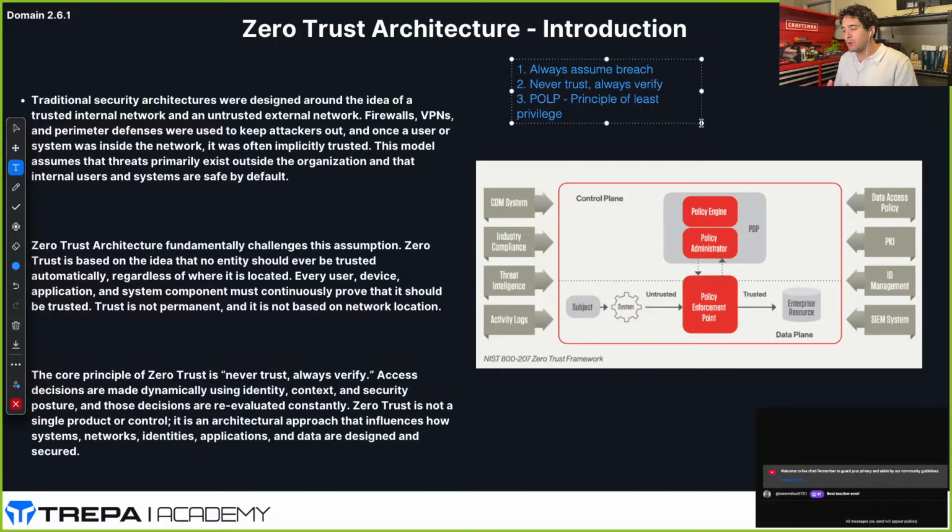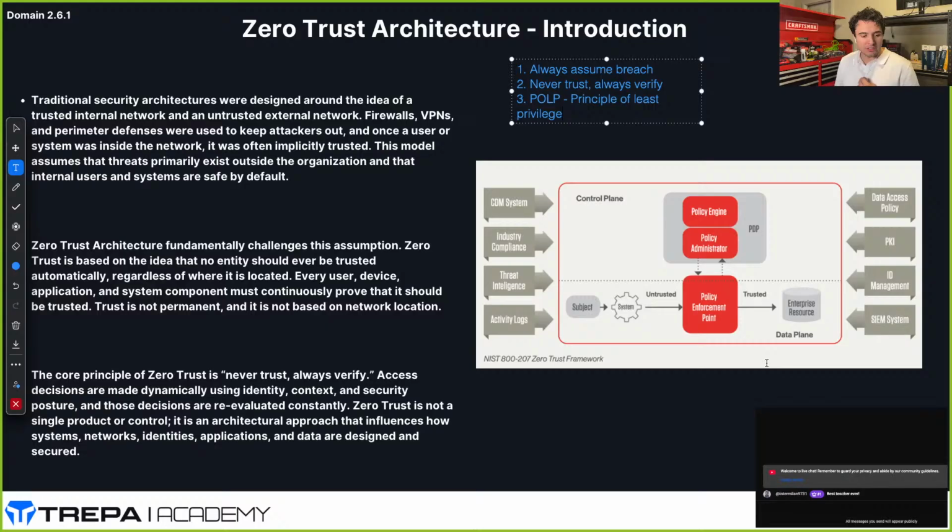Then always assume breach pretty much is our threat hunting and our continuous monitoring. So deploying systems into our architecture that monitor our entire attack surface based off organizational policy and our industry compliance. And then with authentication, integrating a trusted system like PKI into it and doing good IAM management.